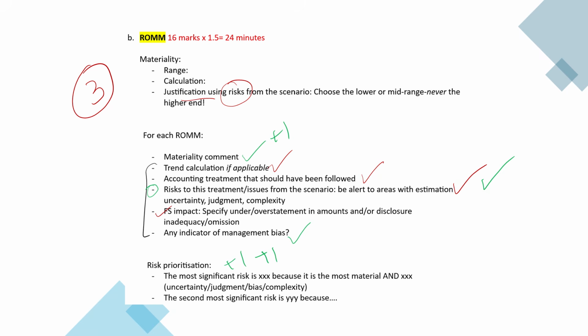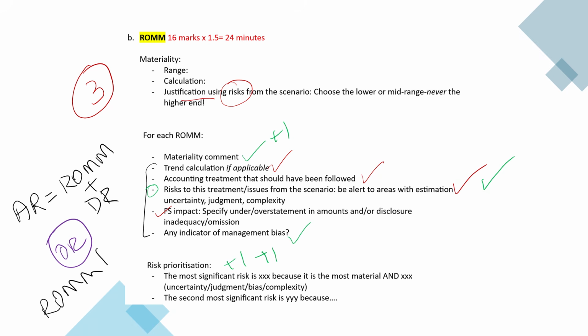If in the AAA exam, the question asks for audit risk, this means you'll get marks for ROMM as well as detection risk. On the other hand, if the question only asks for risk of material misstatement, this means there'll be no marks for detection risk. So either way, ROMM is always going to be there. There's no running away from this. And this is where most of my easy marks are anyway.